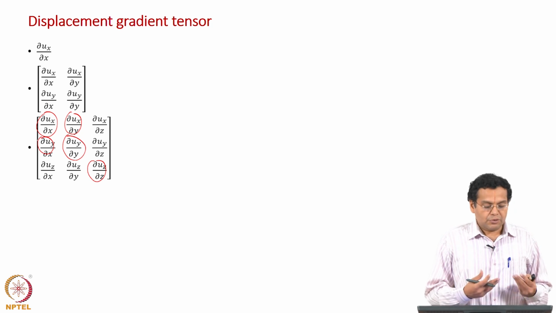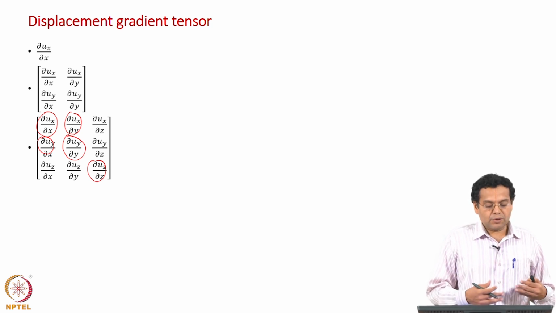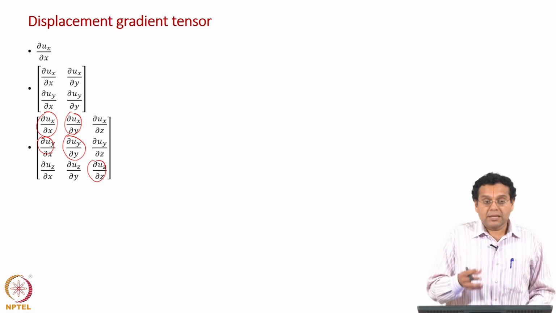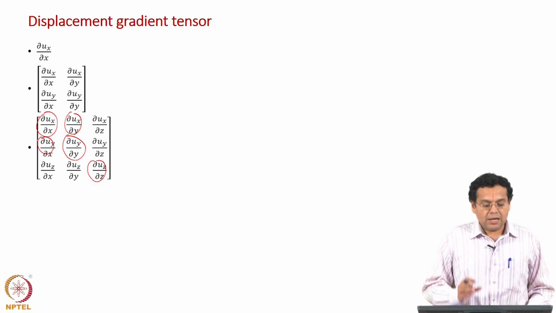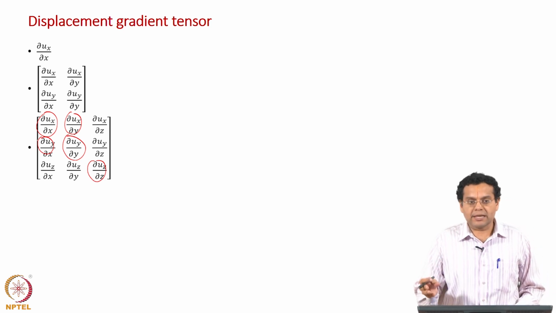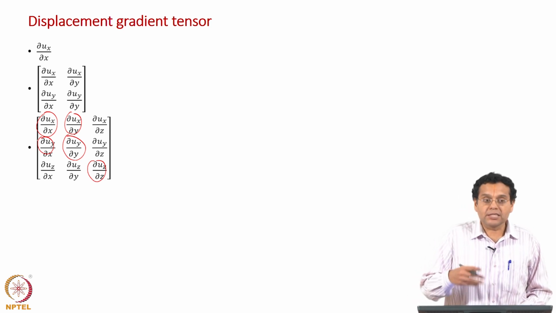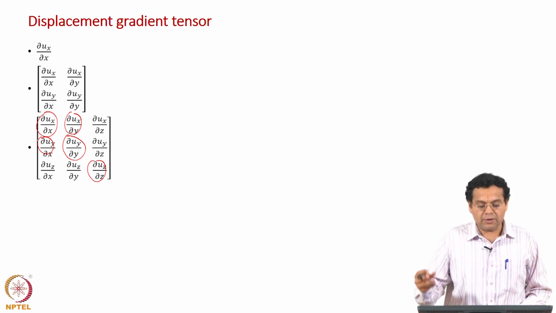So, it looked like a more mathematical matrix or a tensor with derivatives, and it just told you how x displacement varies in the x direction, y direction, z direction, and how y displacement varies along x direction, y direction, z direction.